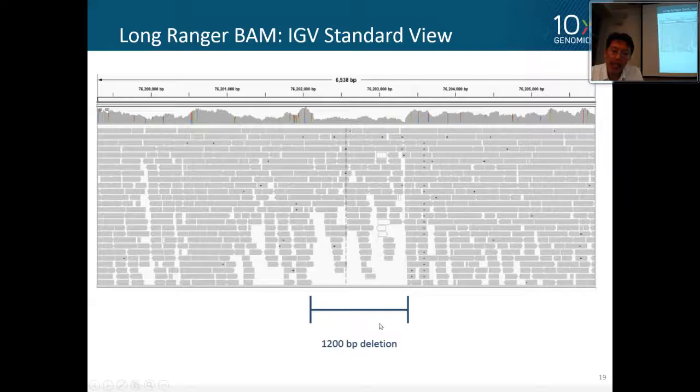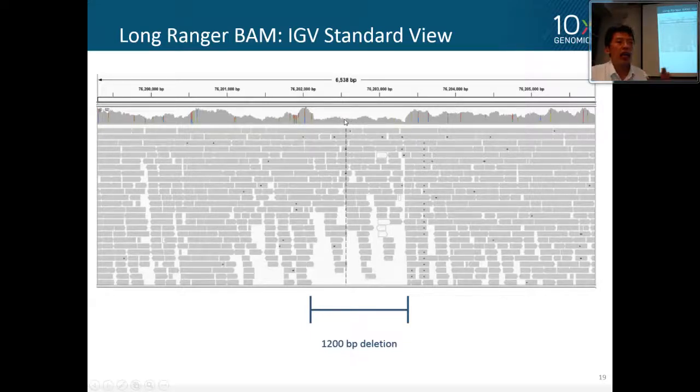But if you look at this, there is about a 1,200 base deletion in this region. But from the coverage, you really cannot reliably say there is a deletion here. So basically you're stuck, in trouble deciding whether this is a deletion or not.